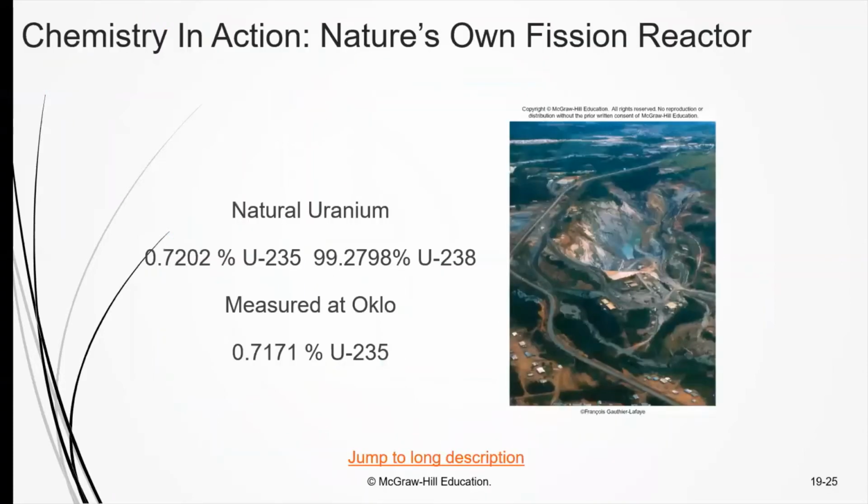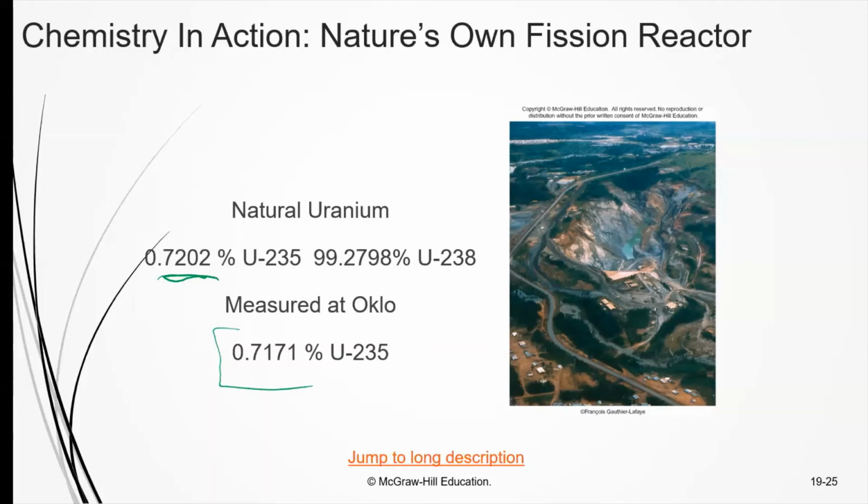Now, an interesting fact about this was that when we started to mine different uraniums, we found out there was a certain place in Oklo where the uranium ratios were very off. Instead of U-235 being at 0.72, it was at 0.71.